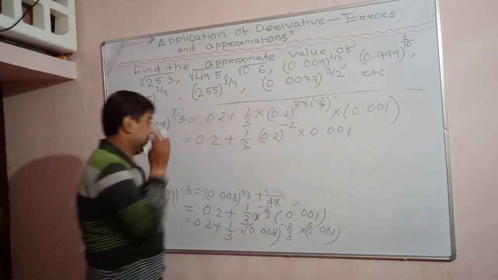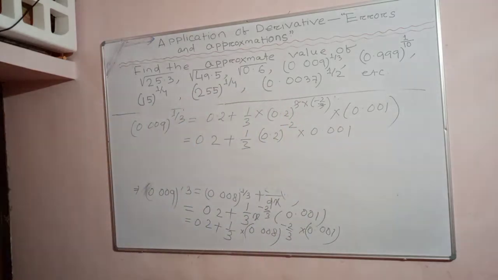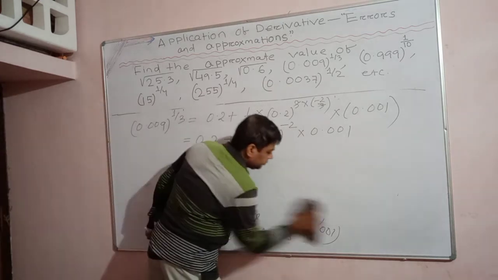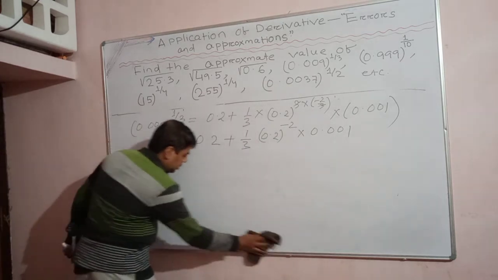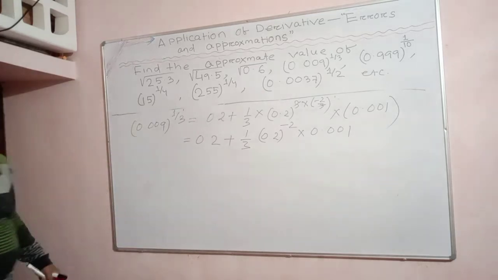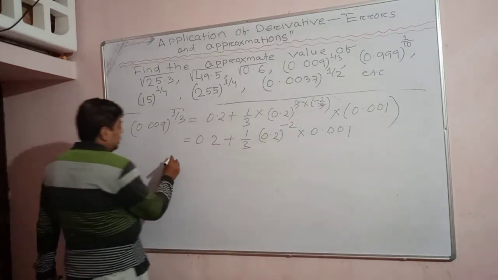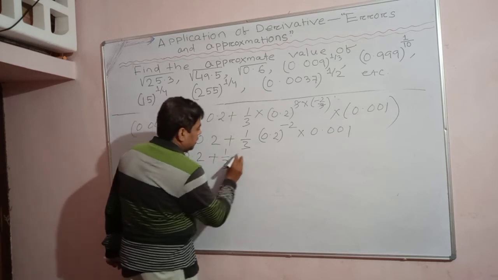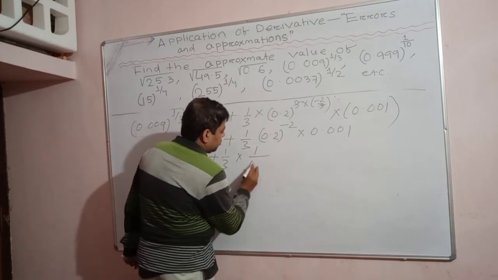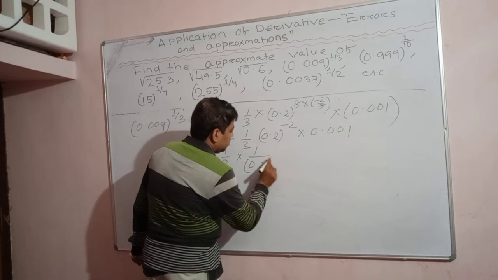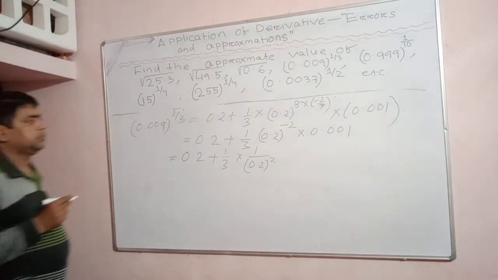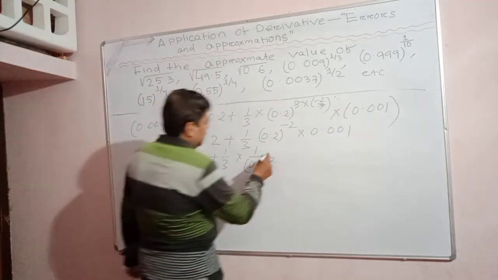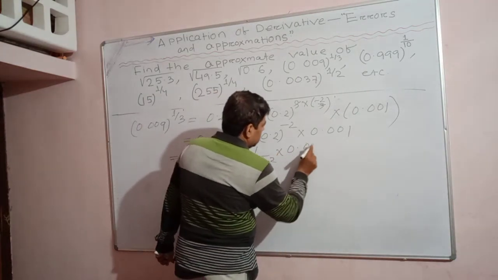And this is 0.001. Okay. Now you have to simplify using the concept of the laws of exponent. So that is equal to 0.2 to the power 1 by 3 into 0.2 whole to the power minus 2, and this is 0.001.